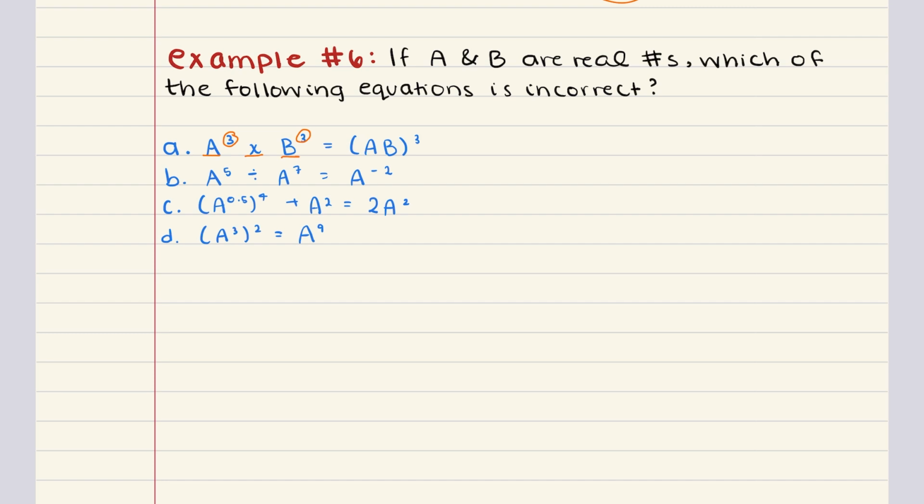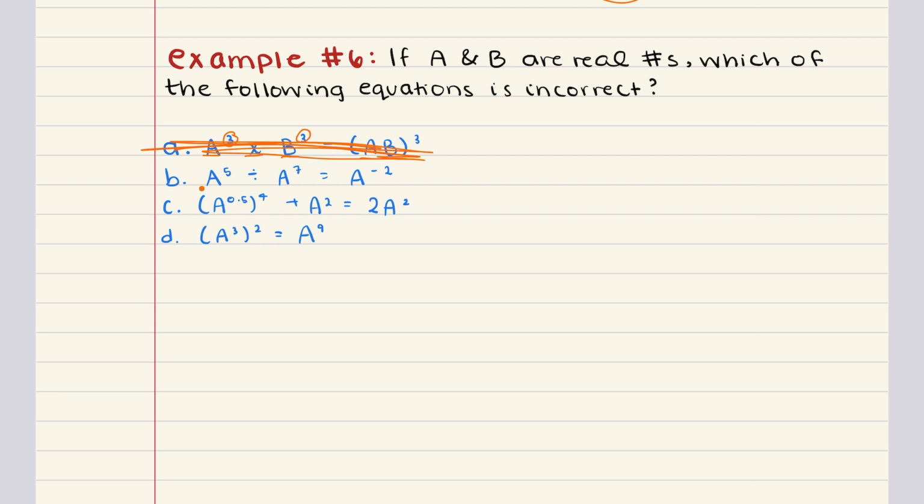This statement is correct because of the product rule of exponents. When 2 bases A and B are raised to the same power and multiplied, you can just factor them under a single exponent. So answer choice A is correct, and we can go ahead and eliminate that answer choice.